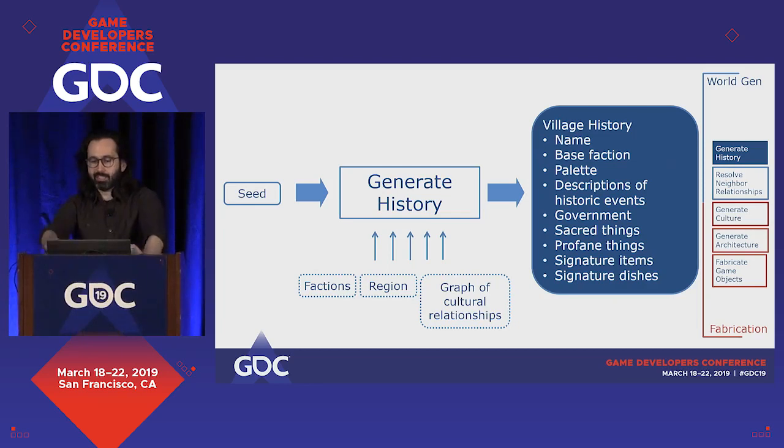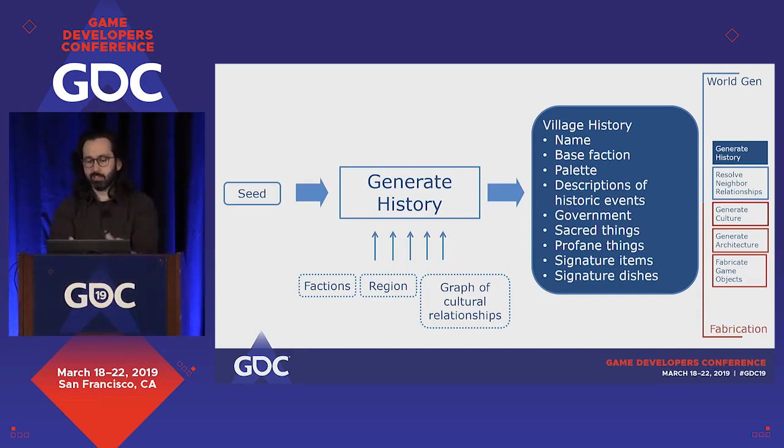So what are we actually outputting from this step? We're generating history. Remember, we're at the top of Abstraction Mountain, at Abstract Peak, so we're generating pretty abstract output. We're going to give the village a name. We'll give it a base faction, the static faction who decided to found the village.